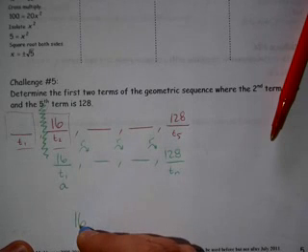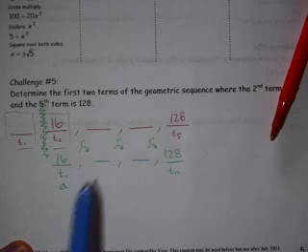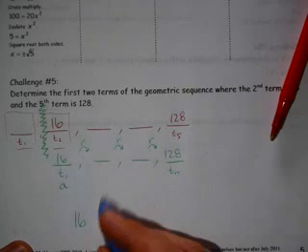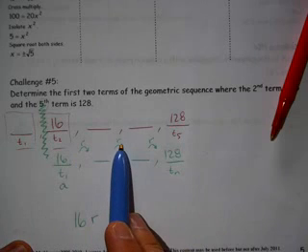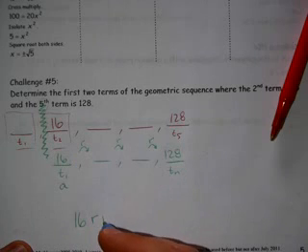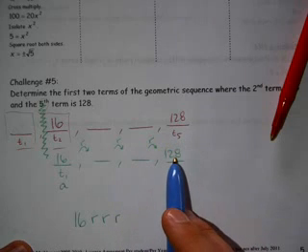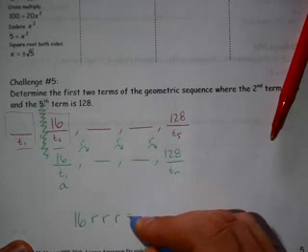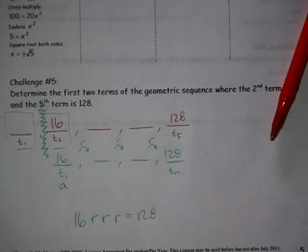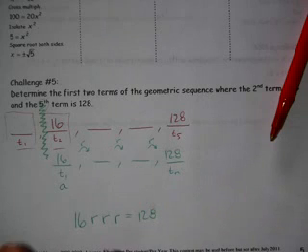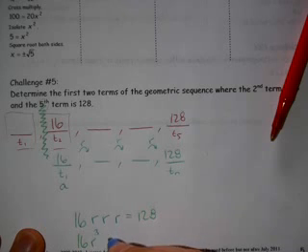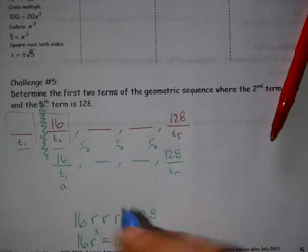We have 16 times R, times R, times R. Equals 128. That's how we build that number of 128. It's 16 times R times R times R that equals it. So let's write that as 16R cubed is 128.